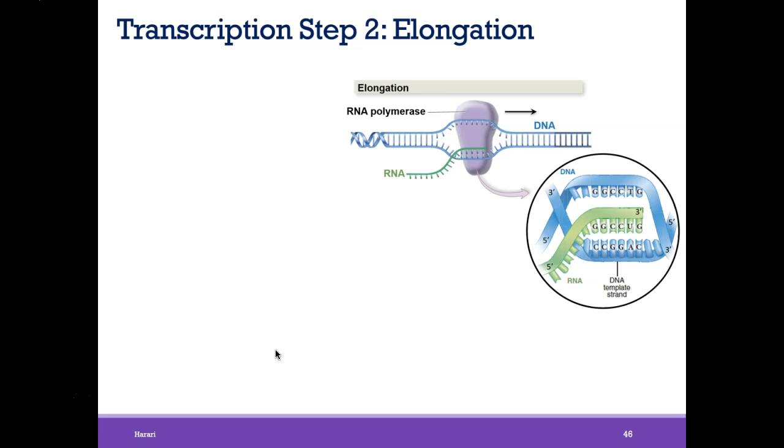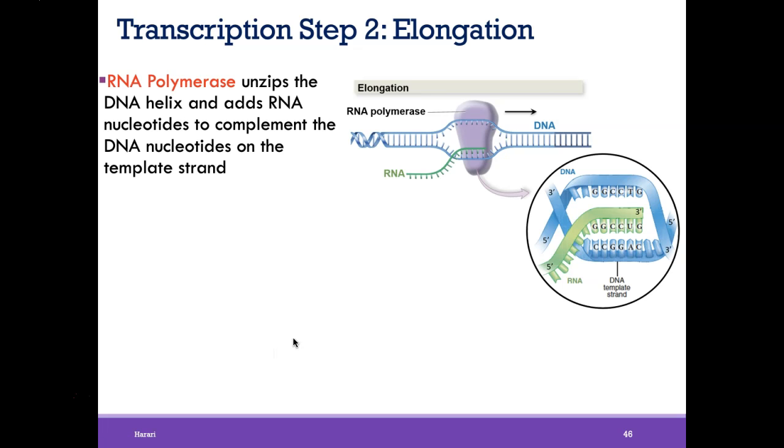Step two is elongation. RNA polymerase will break the hydrogen bonds of the double helix, so we'll unzip the DNA helix, and we'll start adding in RNA nucleotides to complement the DNA nucleotides on the template strand. So RNA polymerase is going to come in, unzip the double helix, and if it sees a cytosine in DNA, it's going to put a guanine of RNA, right?